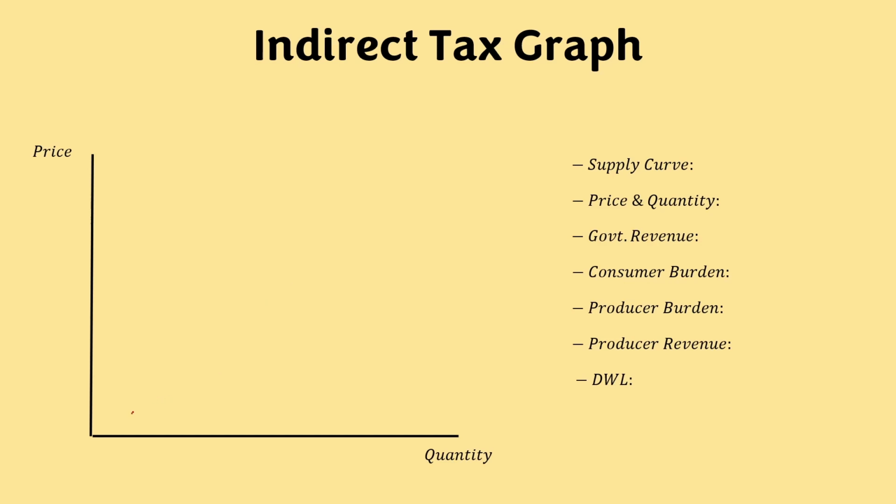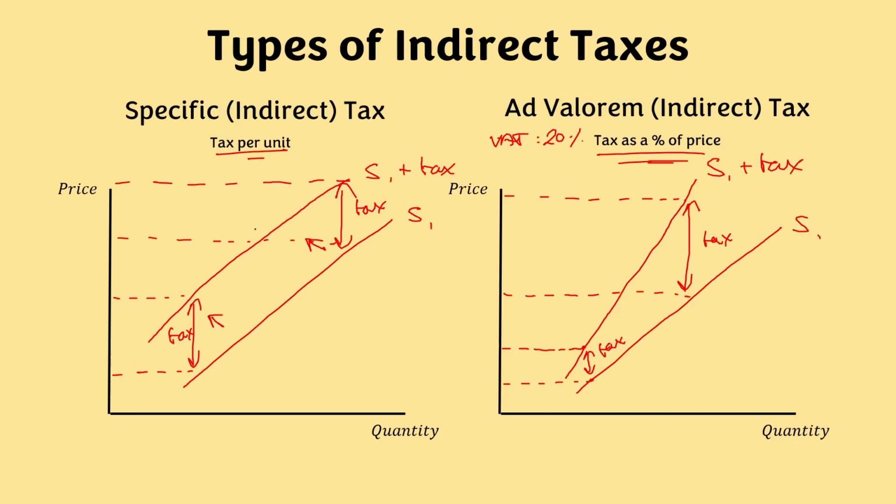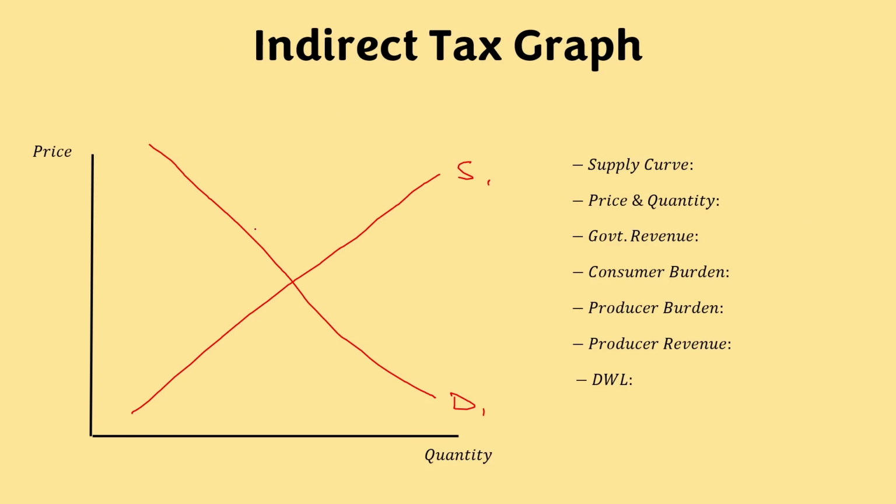So as always, we start with our supply and demand at equilibrium, D1, S1, right? And then let's say the government levies an indirect tax for this market. Now we can either shift the supply following a specific tax or an ad valorem tax, okay? The impact is the same. So let's do a specific tax this way.